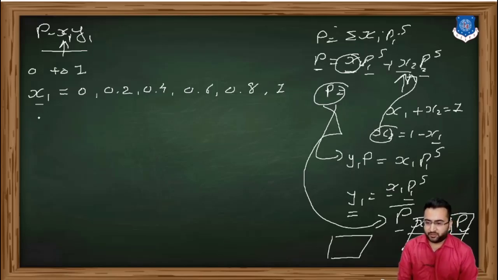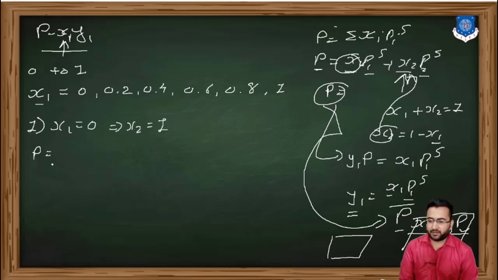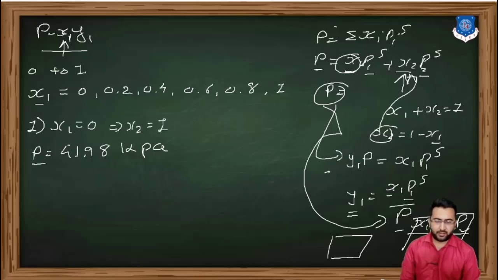Let's suppose for the first iteration we put x1 equal to 0, so x2 becomes 1. Using both values in the bubble point equation, we find the pressure, which becomes 41.98 kilopascal. Using this value of P in the Raoult's law equation, we get y1 equal to 0.